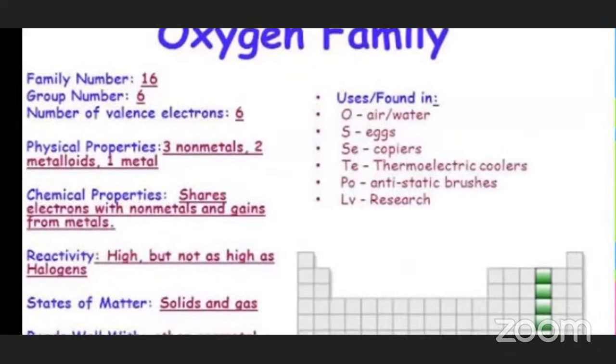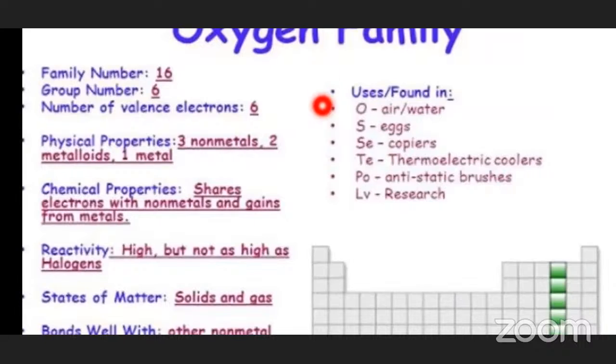Then uses or where they are found. Oxygen is present in air and water. Sulfur is present in eggs. Selenium is present in copiers. Tellurium is present in thermoelectric coolers.